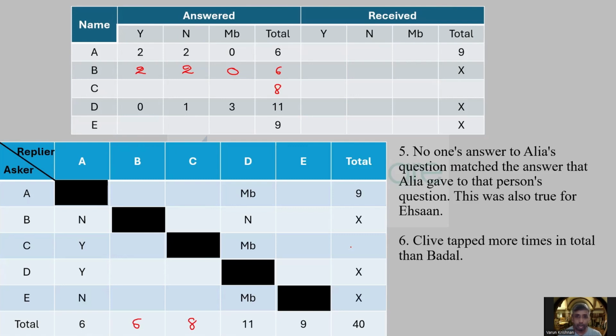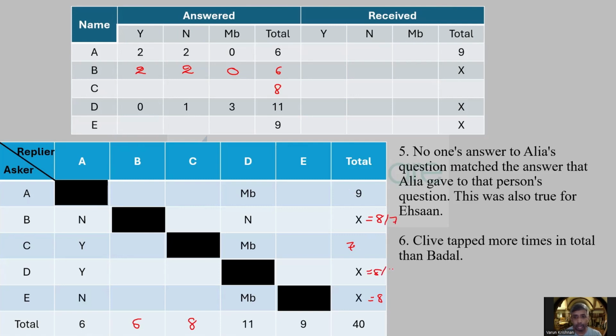That means, let's see if 8 is possible. 8 is possible. 9 is not possible again, because 9 3s are 27 plus 9 is 36. So I would have 4 as taps received by Clive, which is not possible. But if I take the value of x as 8, that is possible, because 8 3s are 24 plus 9 is 33. So the remaining 7 taps have been received by Clive. Or is the value of 7 possible? Let's check.